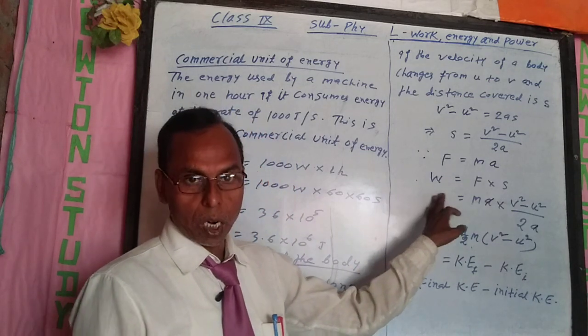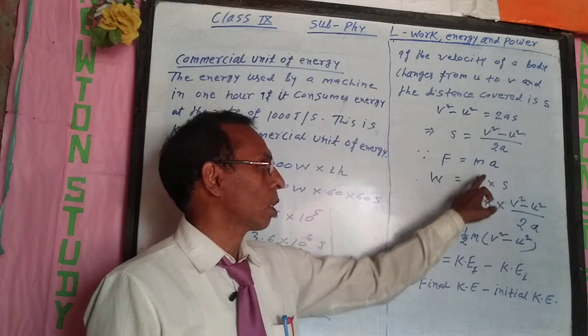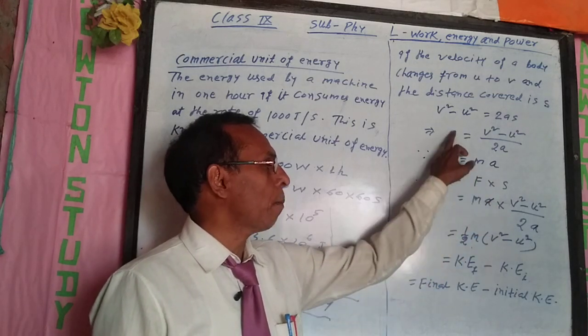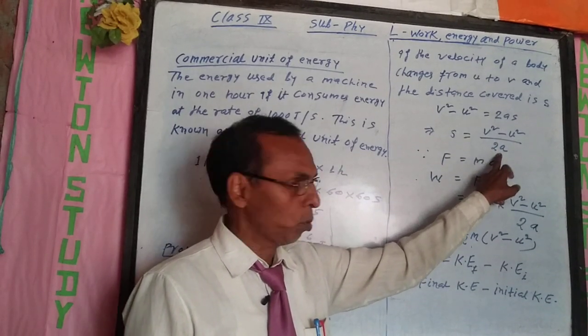Since work is equal to force into displacement, we put F equal to ma and s equal to v square minus u square by 2a.